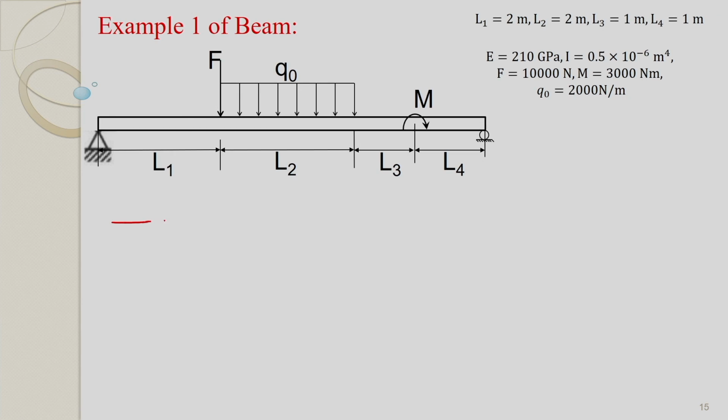Let us discretize the domain into different elements. So, here F is acting, here moment is acting. We have to consider a node at this point.